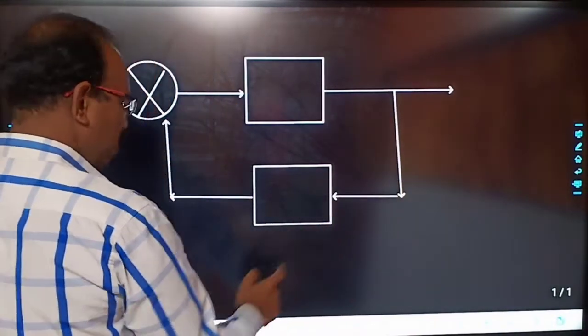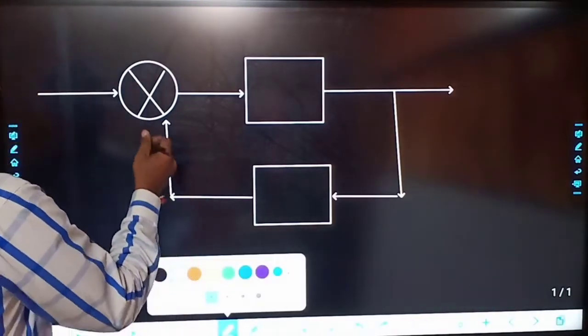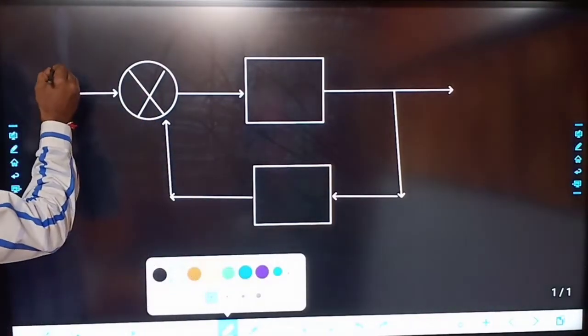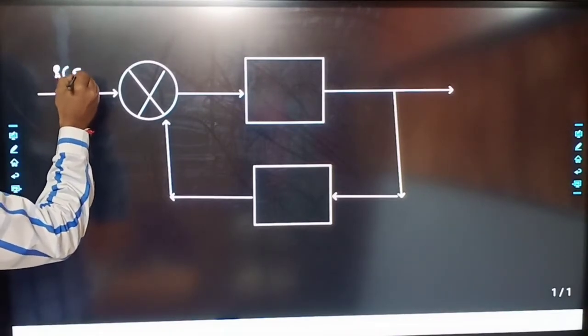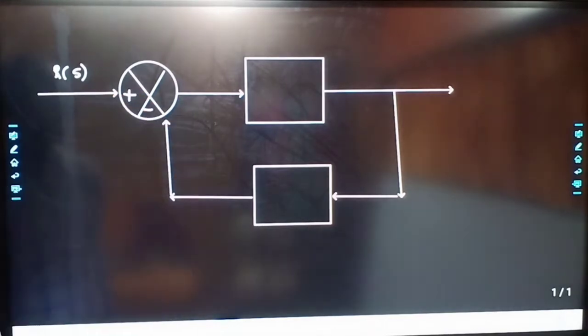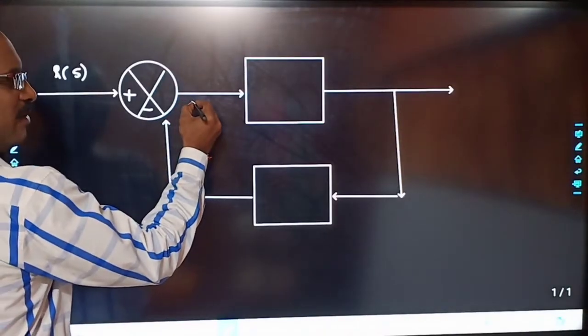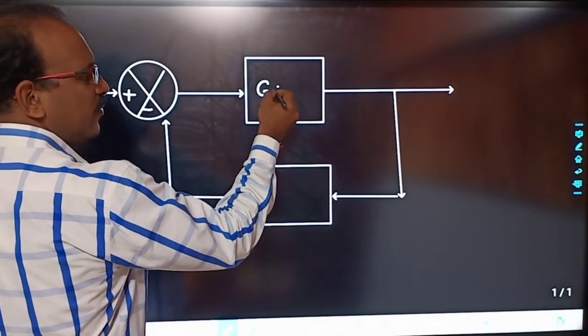Now what is this? This is R(t), but in Laplace we can say R(s). This is plus and whatever is subtracted is minus. This is the manipulated signal, we don't consider that. Here it is called G(s).